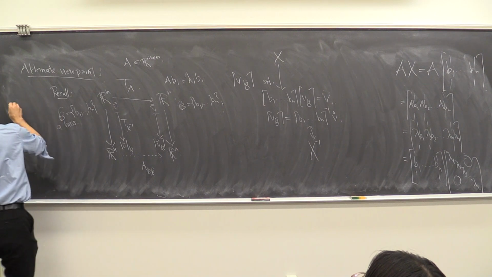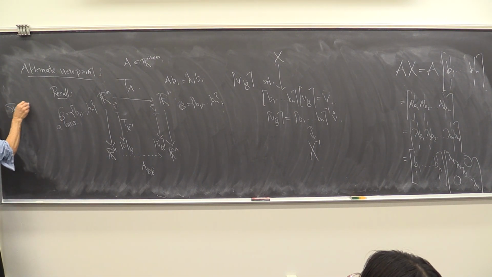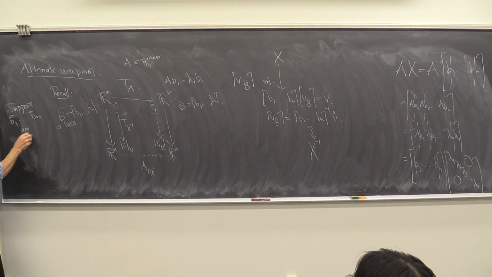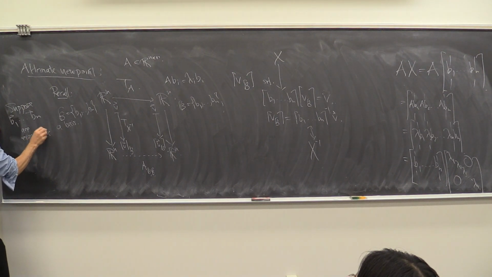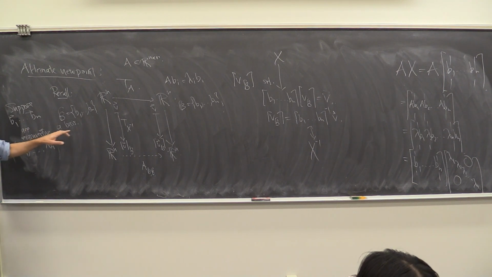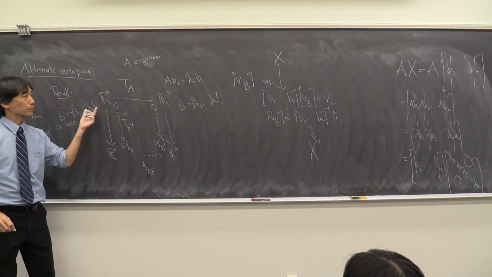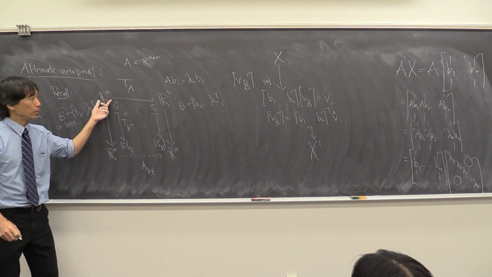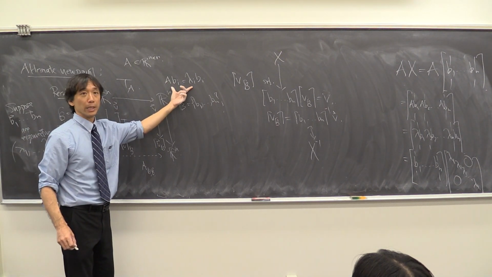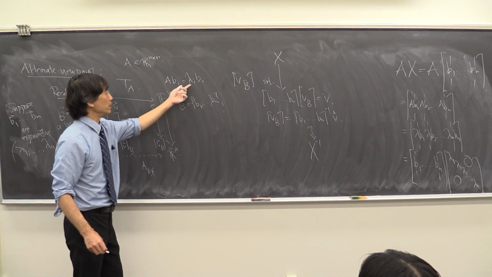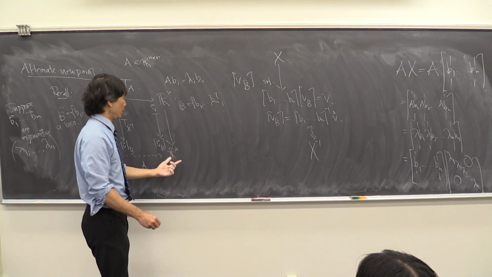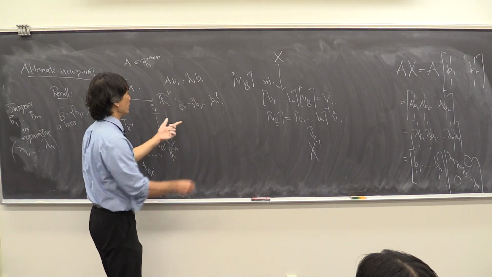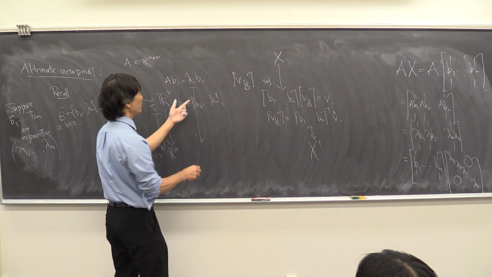So suppose that the bi's are eigenvectors with the standard notation for the eigenvalues. Then this is going to look like this, right? And what's the coordinate vector corresponding to that?